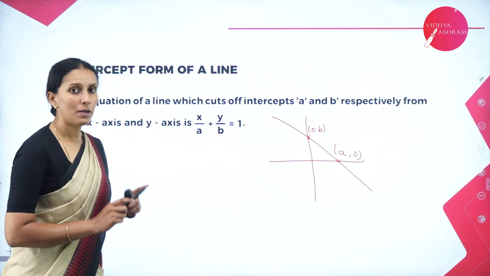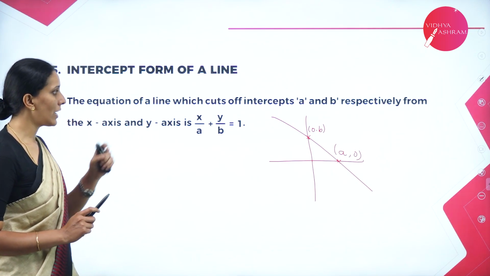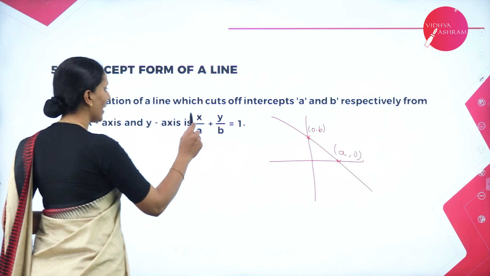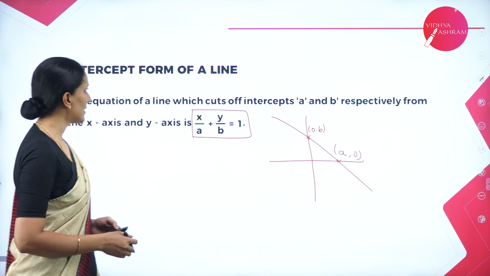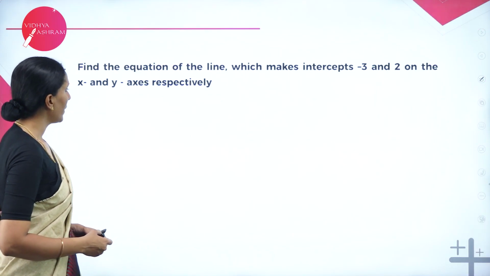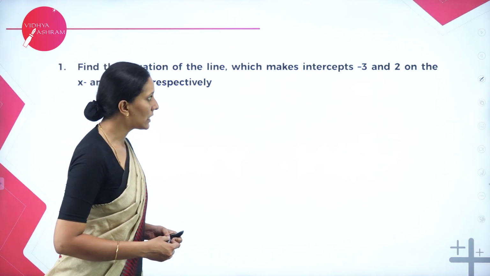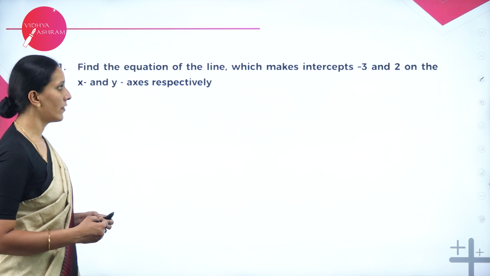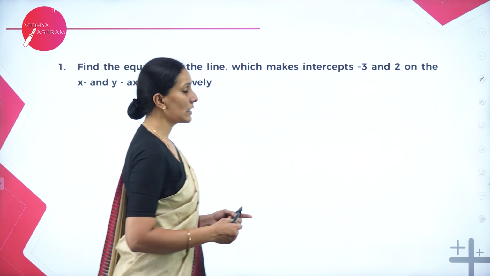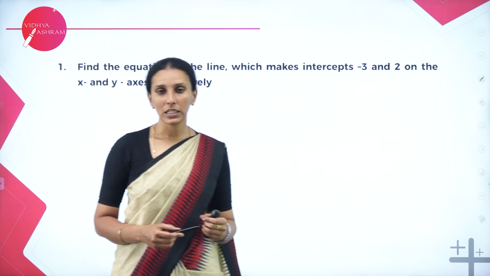When the intercepts are given, the equation of a line can be written in the form x by a plus y by b is equal to 1. So let us take the problem. Find the equation of the line which makes an intercept -3 and 2 on the x and y axis respectively. So the x-intercept is -3 and the y-intercept is 2.